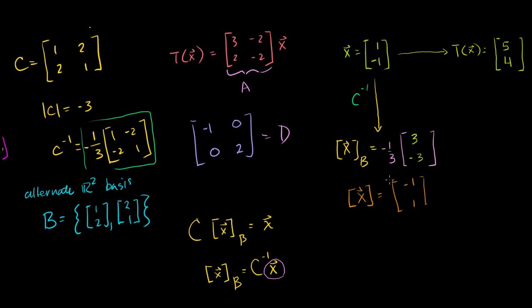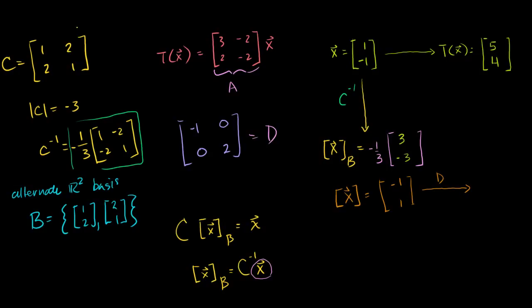Now, let's see what happens when we apply D to x. D should be our transformation matrix if we're dealing in the B coordinates. So if we apply D to x, let me scroll over a little bit just so that we get a little more real estate. What do we get?